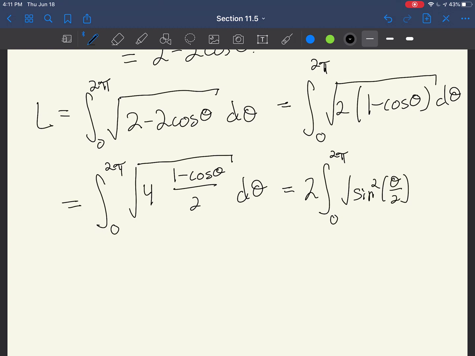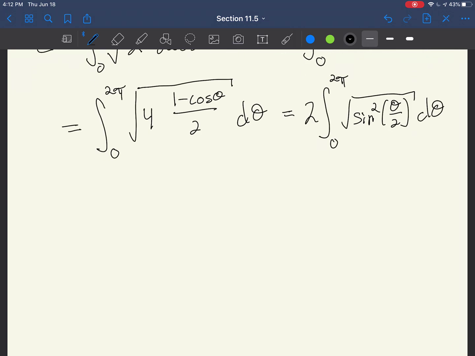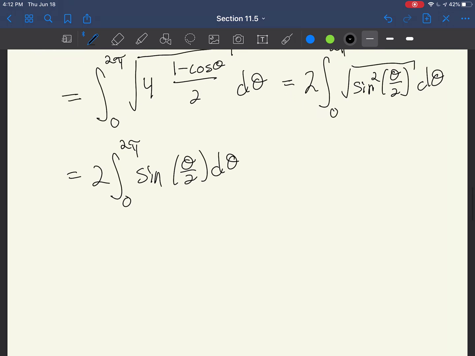And then 1 minus cosine theta over 2 is exactly sine squared of theta over 2.